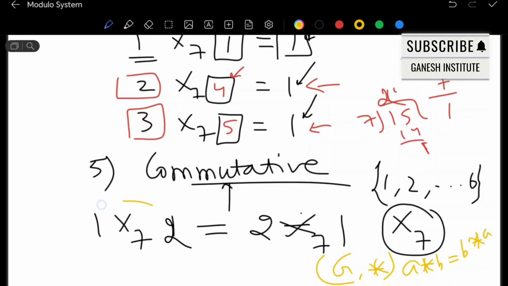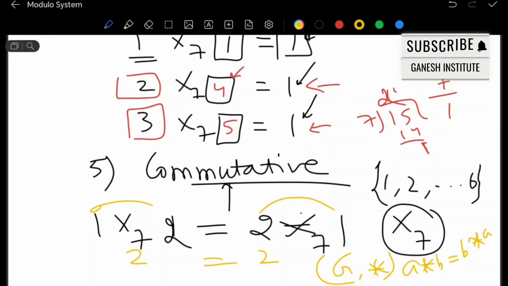Correct? So let's see. 2 ones are 2. If you divide it by 7, you will get the remainder as 2 only. Again, this is always commutative because we are using multiplication, and multiplication is commutative. So hence we can say, because all the 5 properties are proved, this is an abelian group.